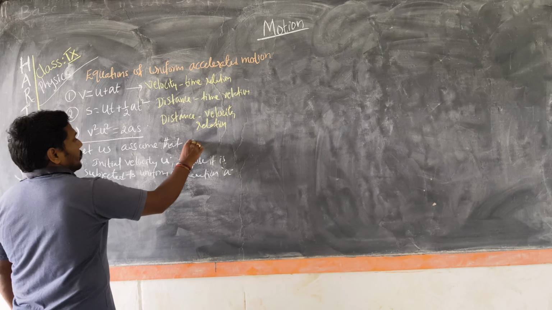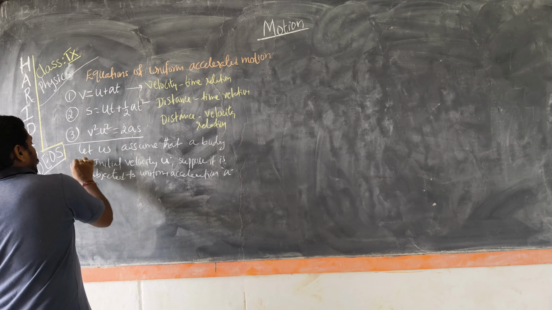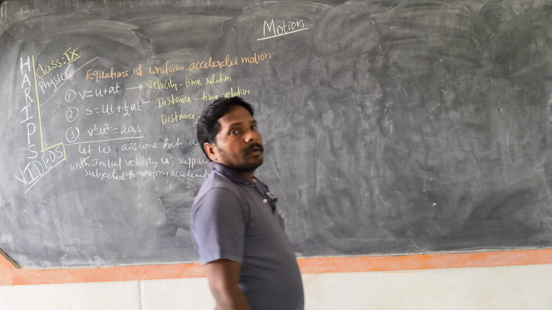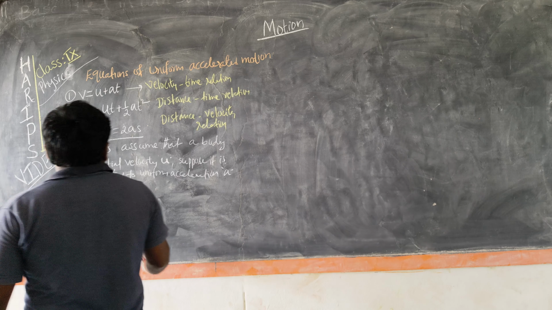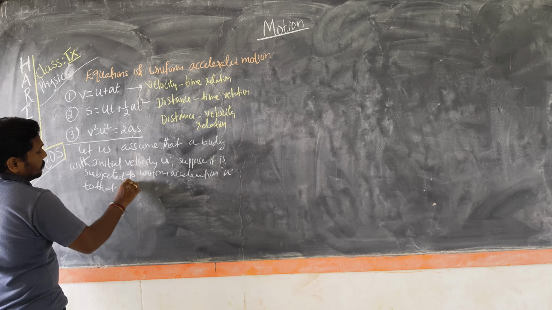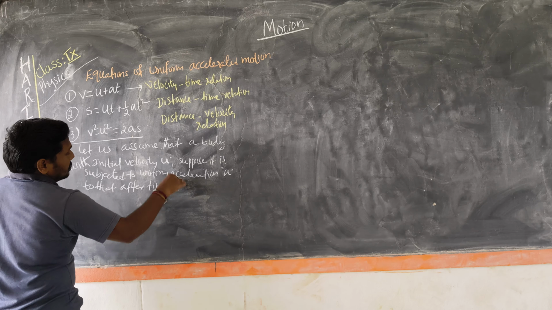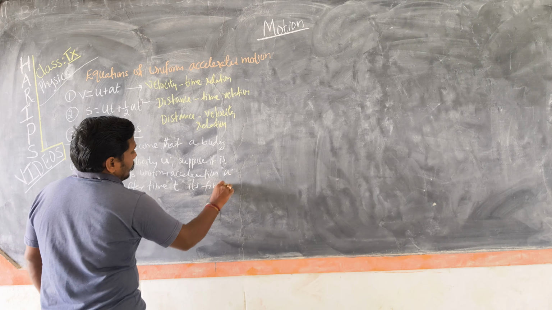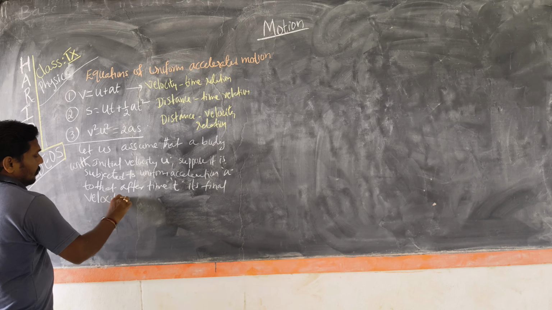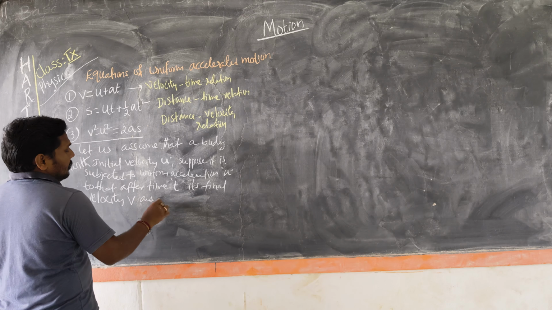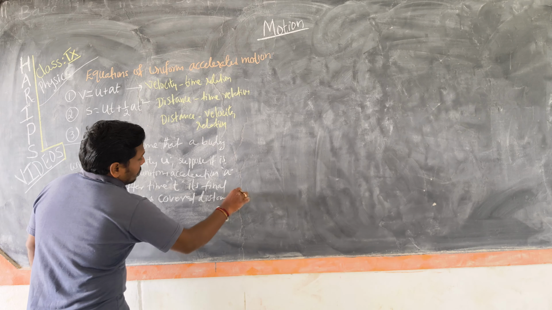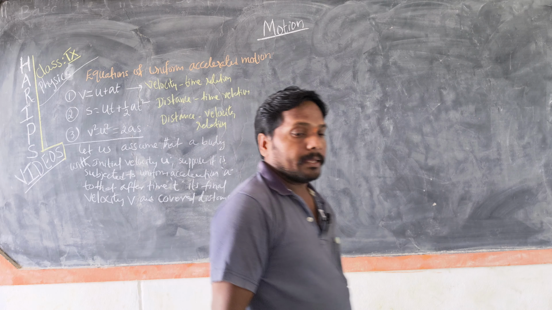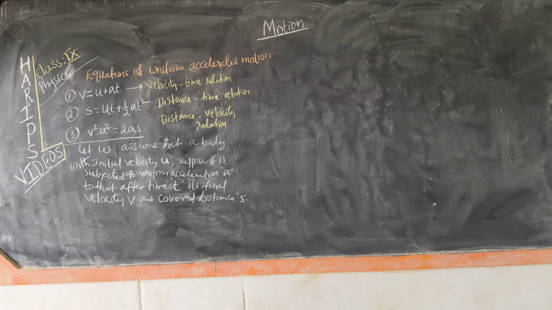Let us assume that a body with initial velocity u is subjected to uniform acceleration a, and after time t its final velocity is v, and it covers a distance s, or displacement s.